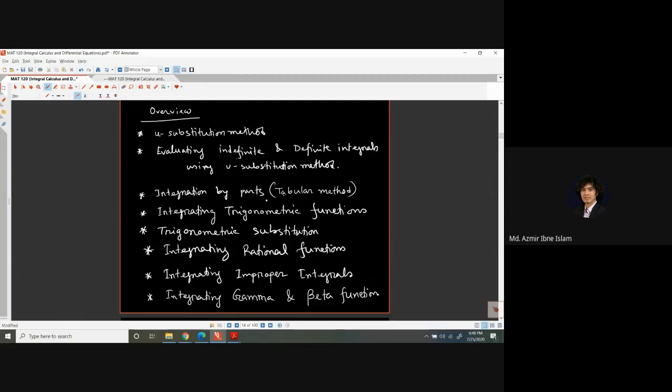At the same time, we should know the tabular method. Then our focus will be on how to integrate trigonometric functions. Another substitution method, called trigonometric substitution, will also be discussed here. And then we will discuss integrating rational functions. Then our focus will be on how to integrate improper integrals, and finally integrating the gamma and beta functions. I hope you have understood the contents.